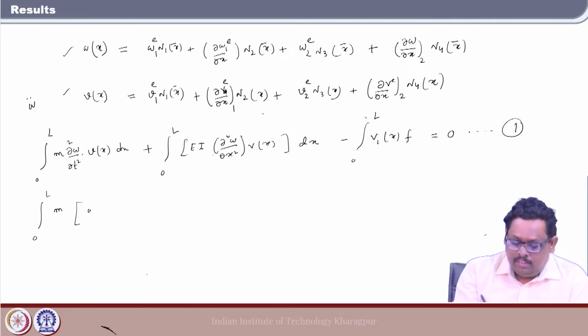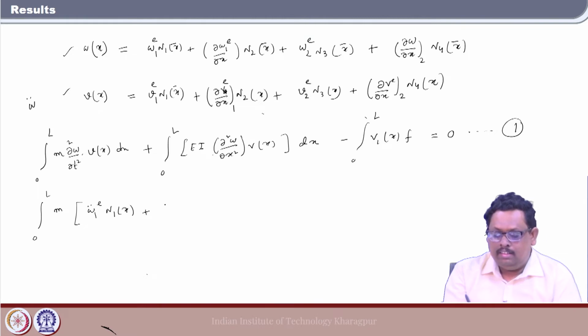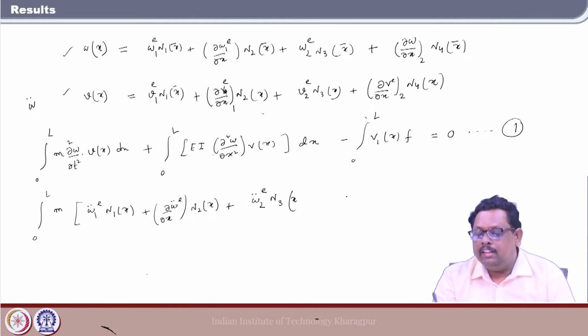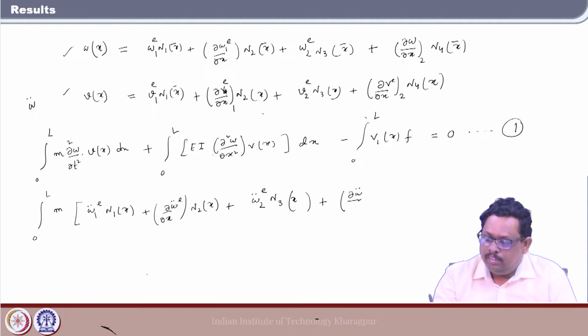You have W1 double dot^E into N1(x), plus del W double dot by del x for the element E into N2(x), plus W2 double dot^E into N3(x), and then plus again del W dot by del x for the second node of element E into N4(x).